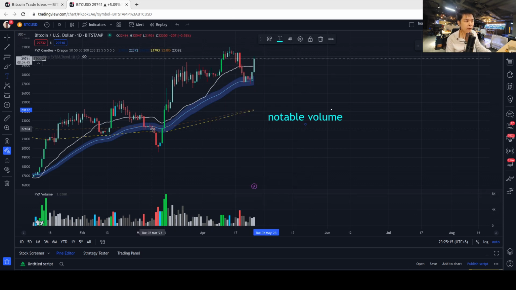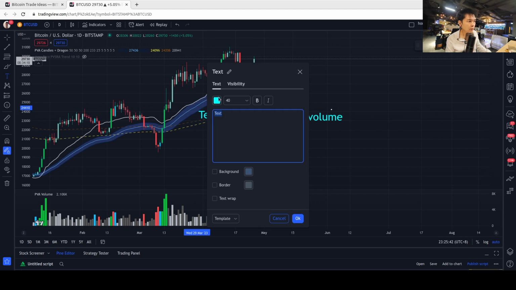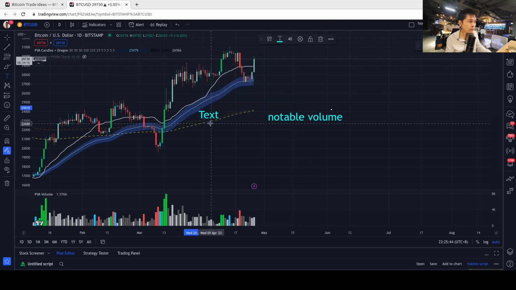And we also have a few other lines that I would like to talk about. The first one is this yellow dotted line. This is the 200 EMA. For those who don't know, EMA stands for exponential moving average. This orange line represents the 233 EMA, also an exponential moving average.